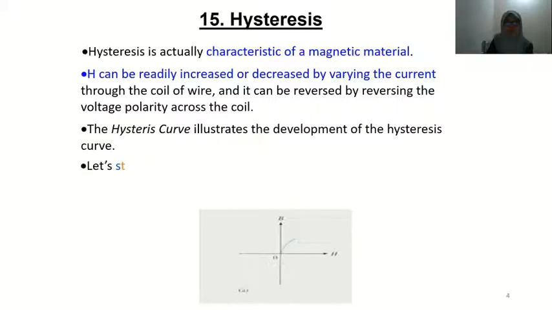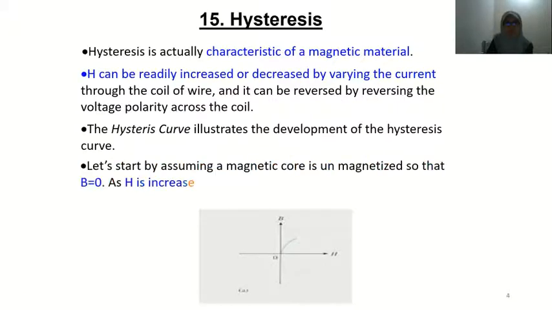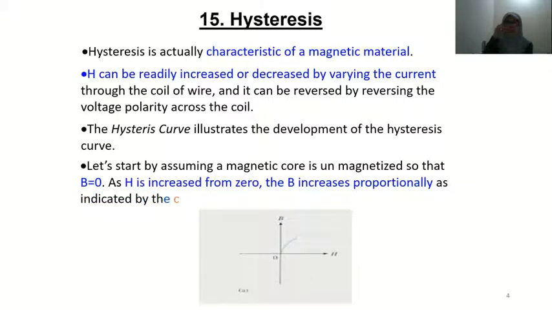Let's start by assuming the magnetic core is unmagnetized, so B is equal to 0. Then H is increased from 0, and B also increases proportionally, as indicated by the curve in figure A below.